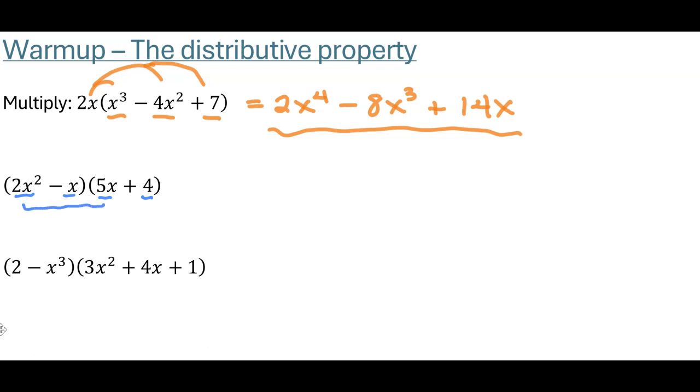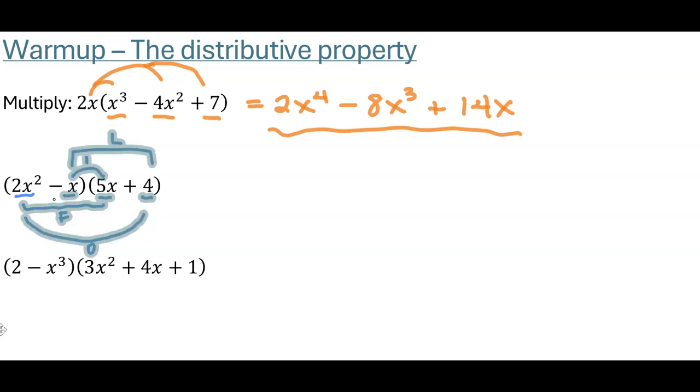It's not that short, but if you like it, it just helps you organize yourself. It's FOIL, which just reminds you that you have to multiply the first two together, the outside two together, the inside two together, and the last two together. And if you do that and add up all the things that you get, you should have the correct answer.